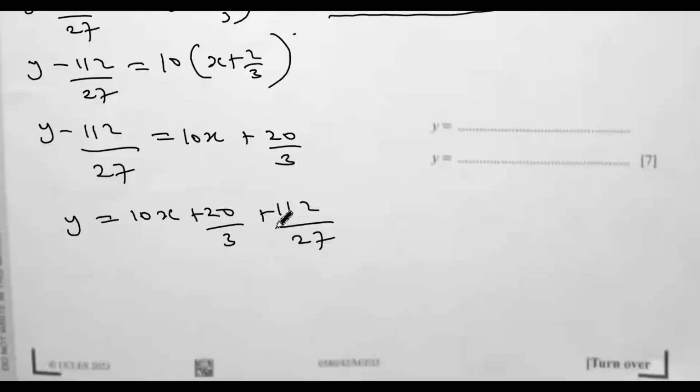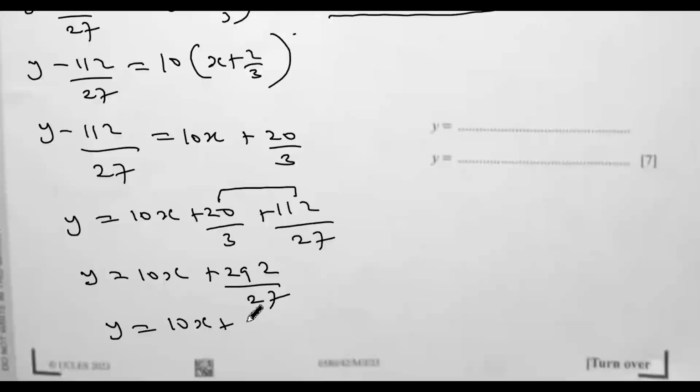So you can do this. Let's add these two together. It will be y equals 10x plus 292 over 27, and that is the same thing as y equals 10x plus 10.8.